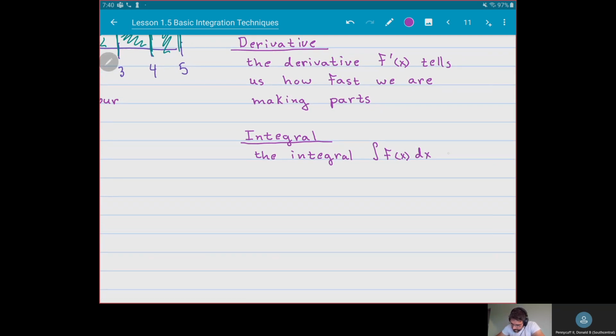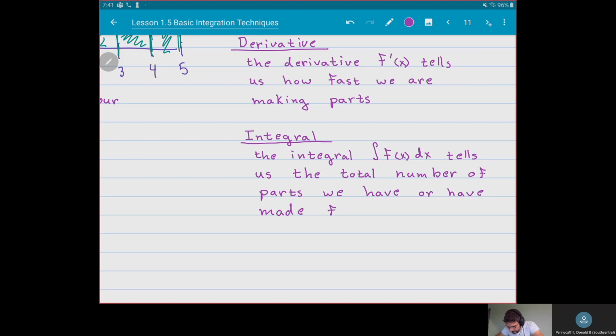The integral tells us the total number of parts we have made from time A to time B.